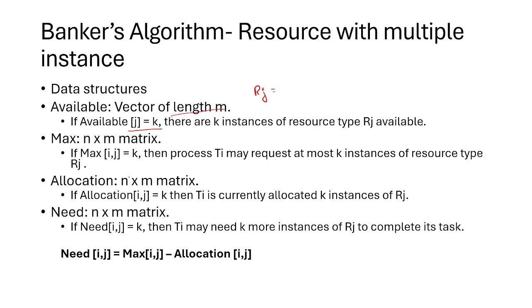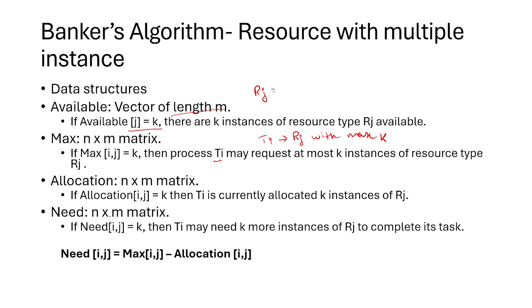Then Max[i][j] = k means that thread Ti requests a maximum of k instances of resource Rj. The third one is Allocation.